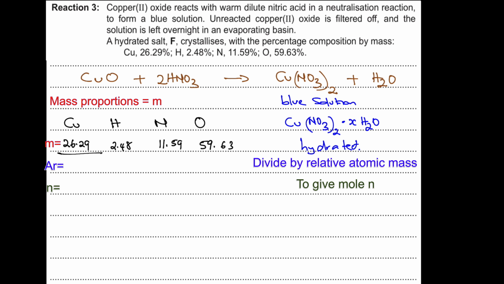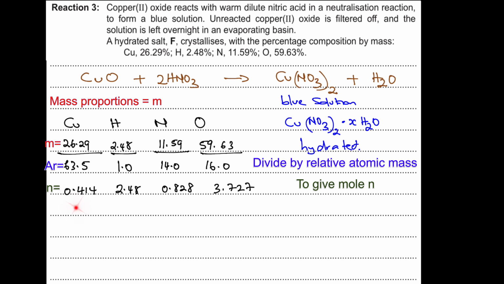Divide each by its relative atomic mass: copper 63.5, hydrogen 1.0 to 1 decimal place, nitrogen 14.0 and oxygen 16.0. That gives 0.414, 2.48, 0.828, and 3.727. We need to divide everything by the smallest.